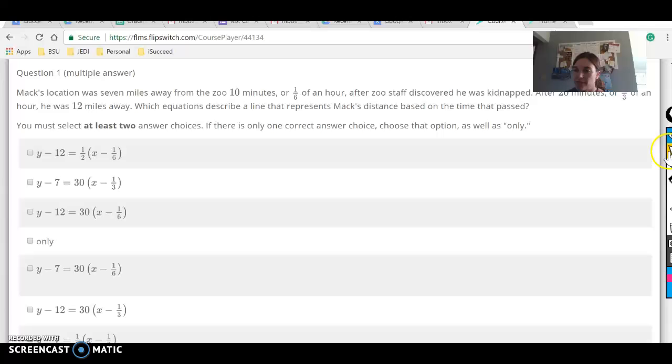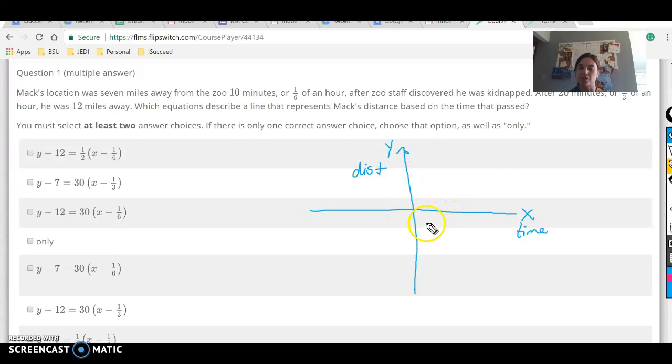So let's just graph that really quickly here. And we can see that if we put time on the x-axis and distance on the y-axis, because distance is a function of time here, we will see that at 10 minutes, he is 7 miles away, and at 20 minutes, he is 12 miles away.